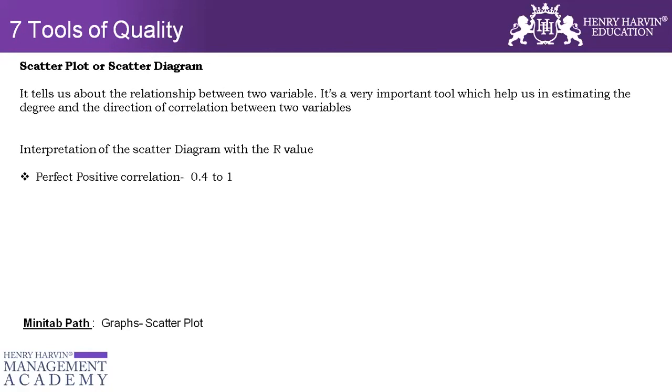So it can have a positive correlation, a negative correlation, or no correlation. So let's understand the difference between positive, negative, and no relation. Positive relation is if one variable increases, another variable also increases, or vice versa. If one variable decreases, another decreases.